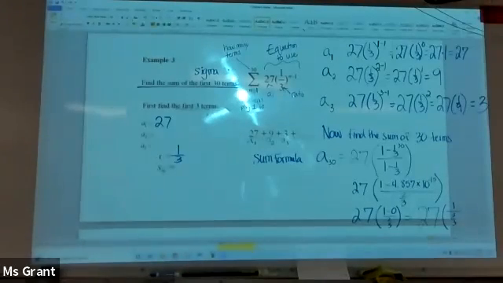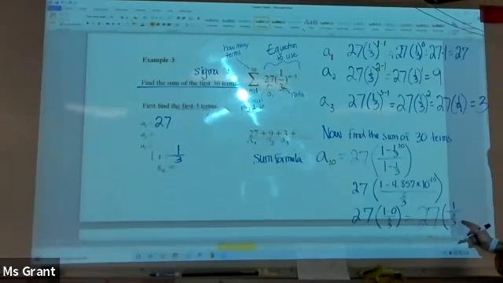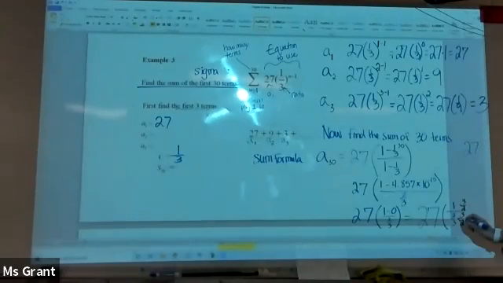How do I get rid of a denominator that's a fraction? Oh my gosh, guys, the denominator is a fraction. I need to get rid of a fraction in the denominator. Multiply by the reciprocal, 3/2 on top and bottom. So I've got 27, the 2's are gone, the 3's are gone, the denominator's gone. That's how I get rid of the denominator, by multiplying by the reciprocal.